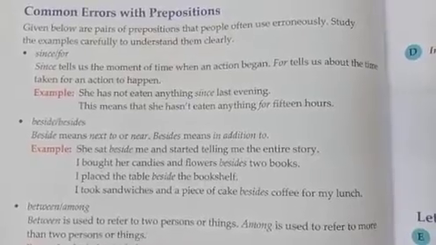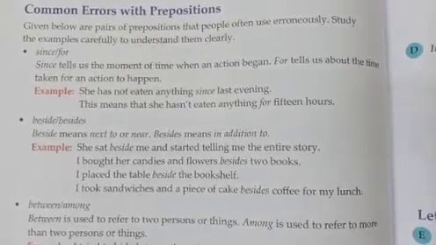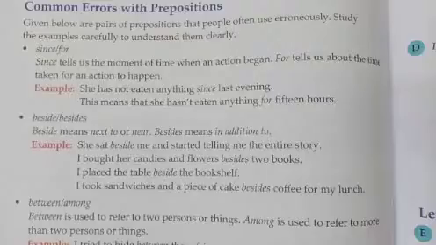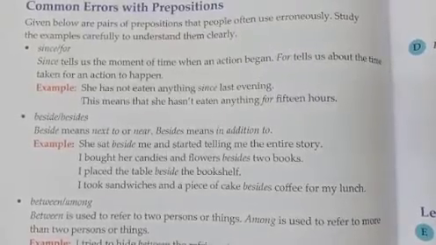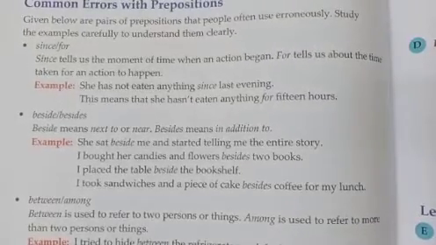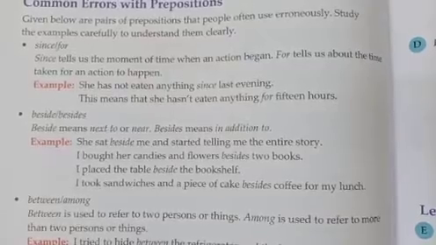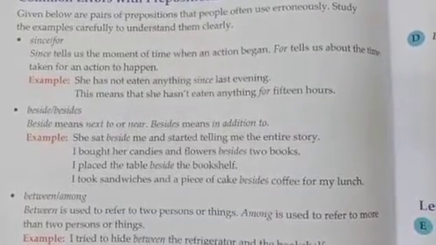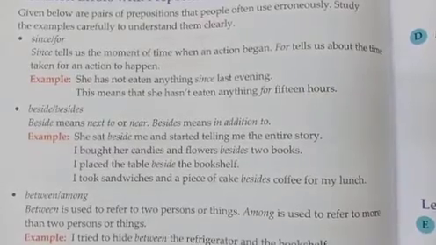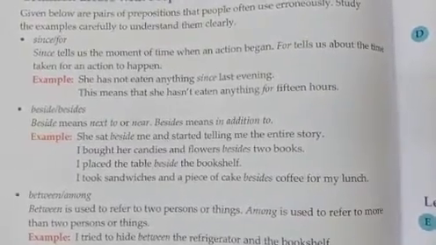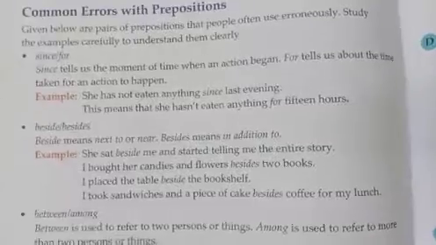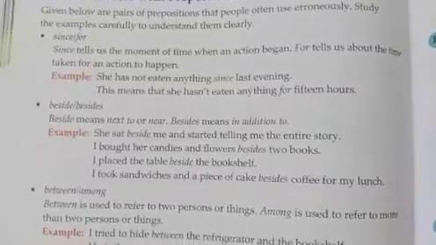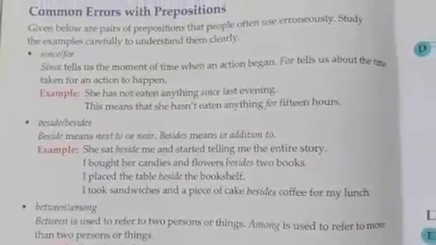Next one, beside and besides. See, beside means next to or near. Besides, the plural form, means in addition to. In addition means you're adding something. She sat beside me and started telling me the entire story.